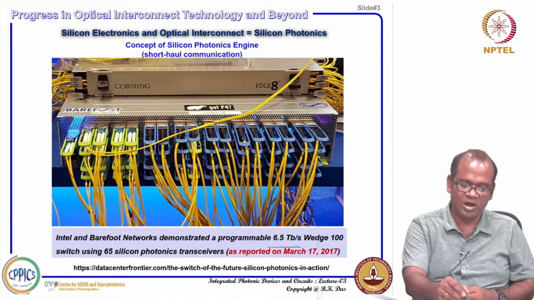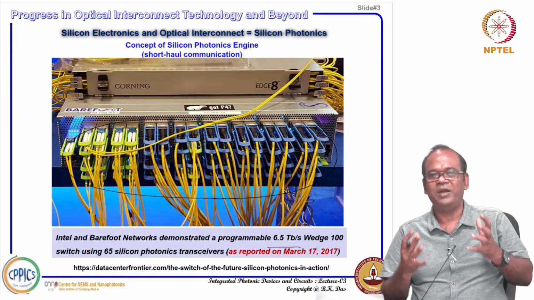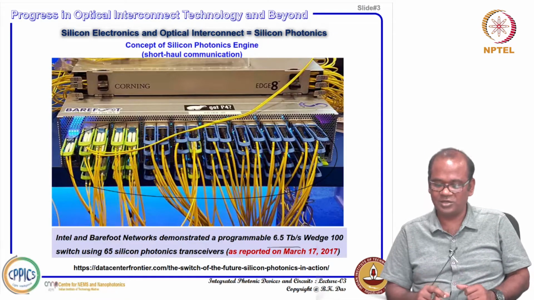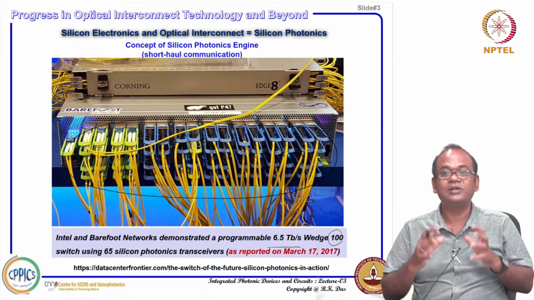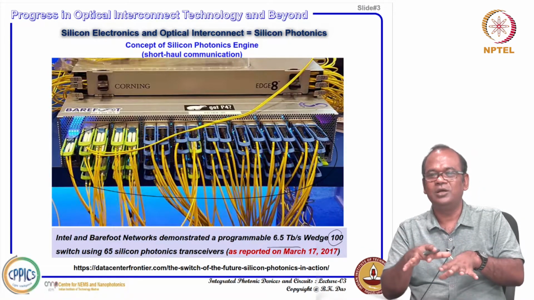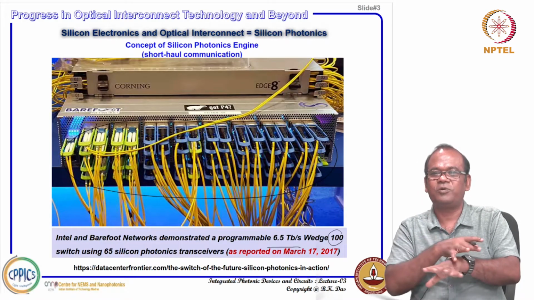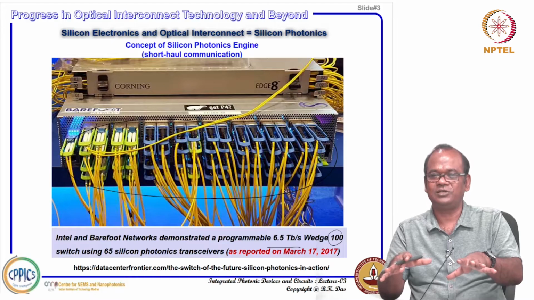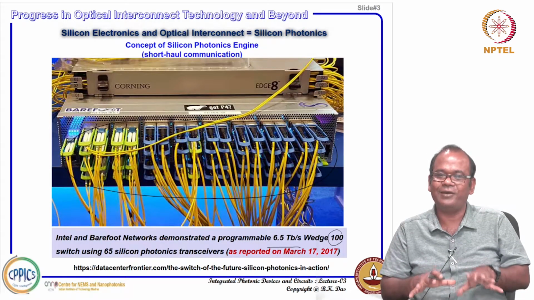There are 65 transceiver switches made out of silicon photonics technology, and 100 optical switches are also needed, because data needs to be switched from one particular destination to another. So, that switch matrix, the switch fabric, is also required.